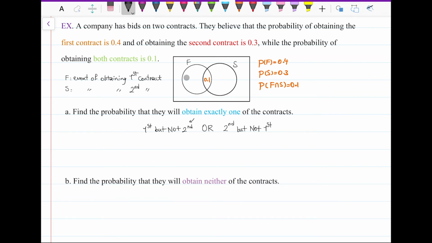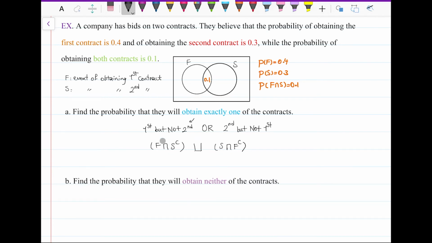So in terms of F and S, the first contract would be F and not the second one, S complement. This is the first contract and not the second contract. And we have an or, which in terms of set theory means the union, and then the second contract, which would be S but not the first contract, S and F complement.